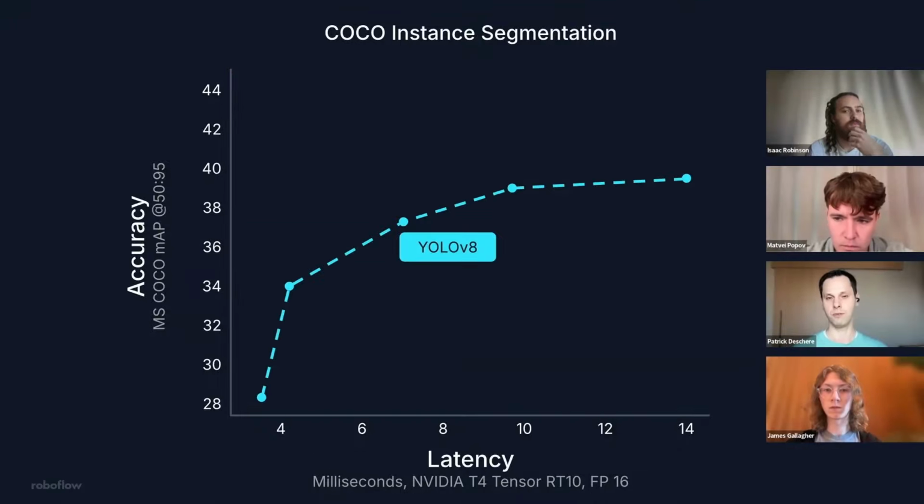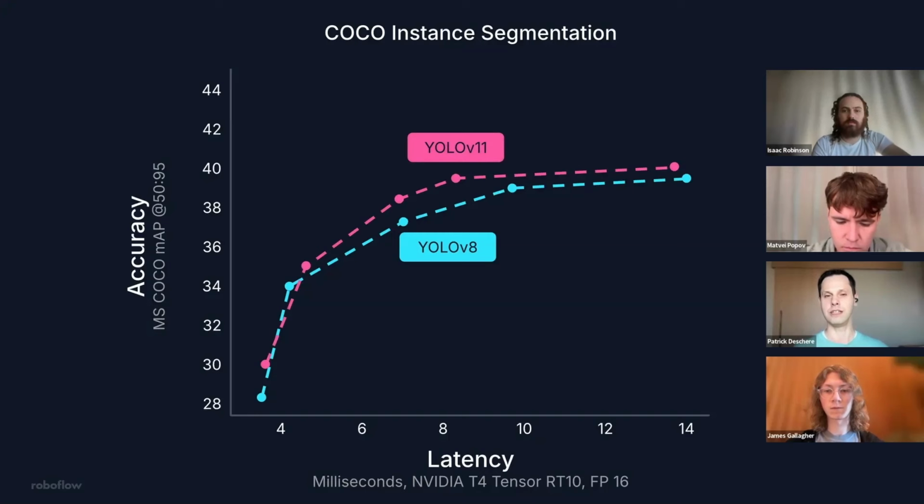So for example, with YOLOv8, according to these benchmarking results, you can see there's a couple different data points for the different model sizes. And then YOLOv11 improved upon the performance of that model. As you can see, some of the data points here at lower latency have slightly better mAP accuracy scores.